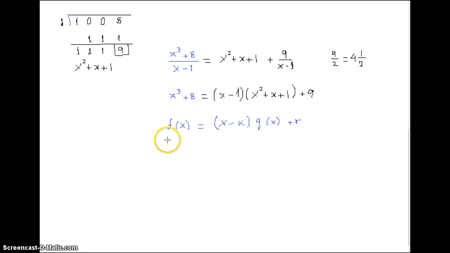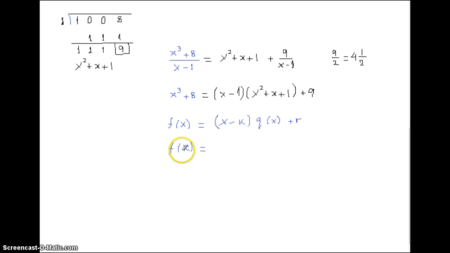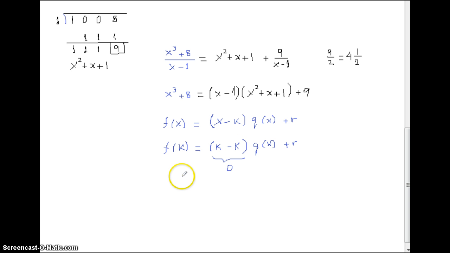Suppose that we want to find f of k. This means that we have to substitute x with k into the function. So we'll get k minus k, and this factor will be 0 times q of x plus r. So we see from here that f of k will equal r.